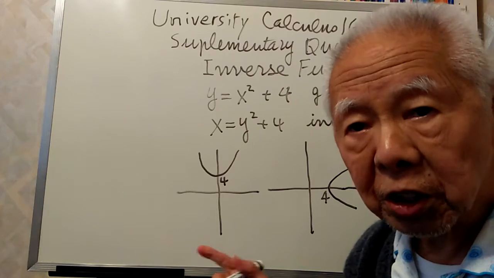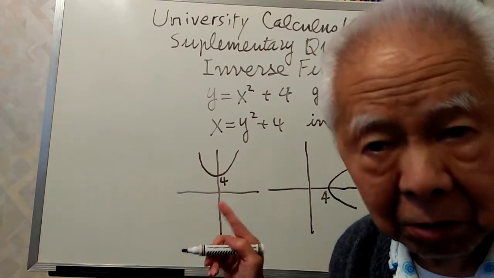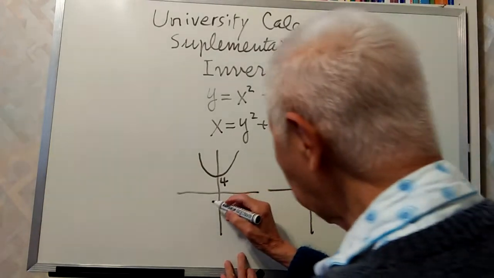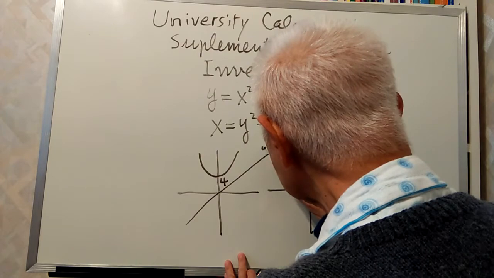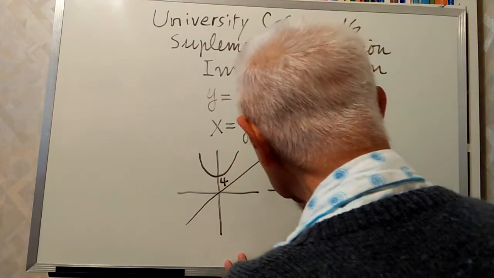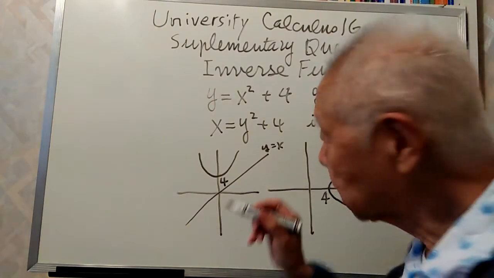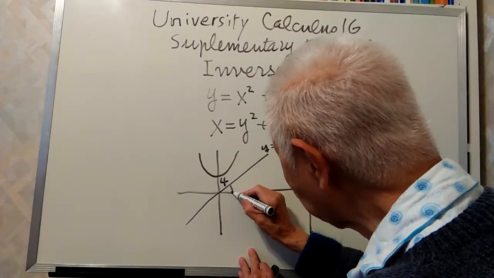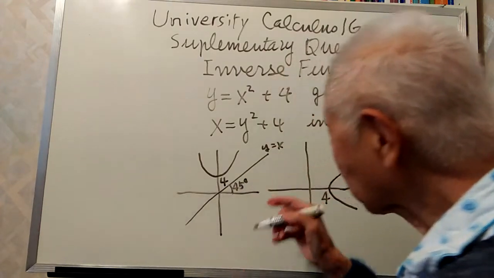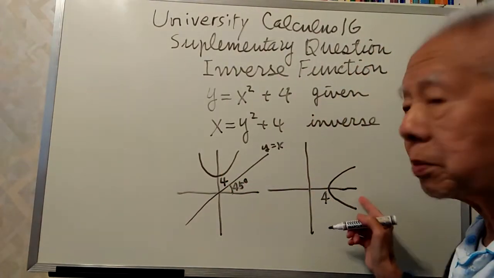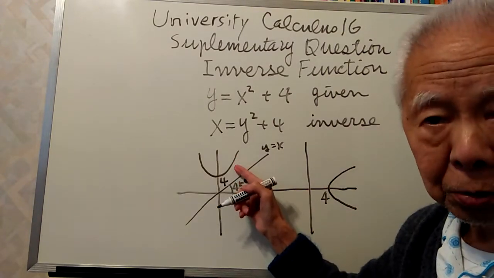How do we draw the inverse function if the given function is given? You draw a line y equals x. This is a straight line, and this angle is 45 degrees. How do you get this from this?